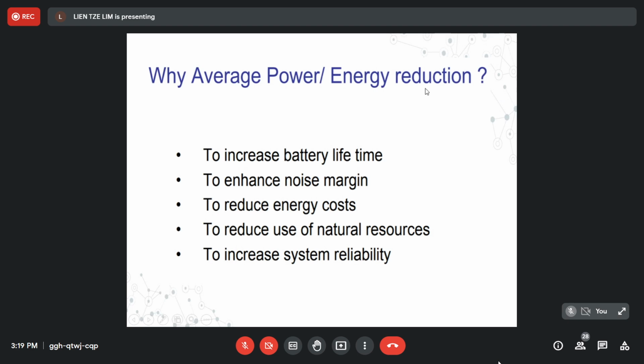There are some reasons why we need to reduce power dissipation: to increase battery lifetime, to enhance noise margin, to reduce energy costs, to reduce use of natural resources, and to improve system reliability. So these are the 5 reasons.